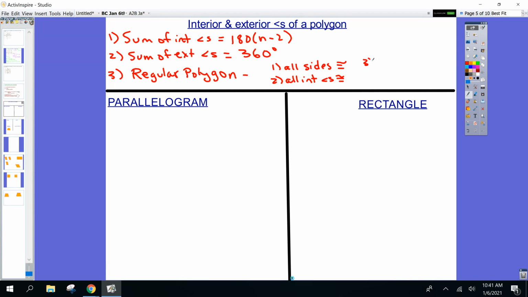All exterior angles congruent. Okay, that is a regular polygon. All right, so I didn't want you to forget about that because that was way back on December 10th we did that. Believe it or not, we were actually in school when we did that.